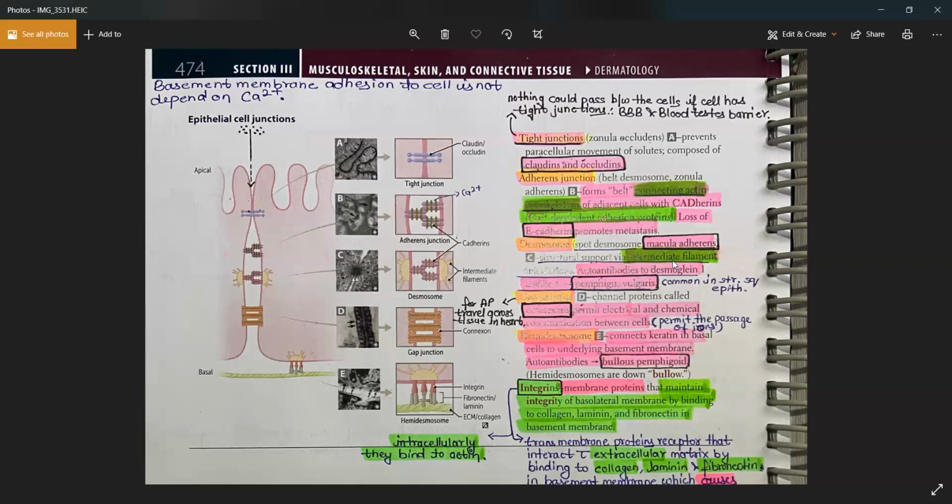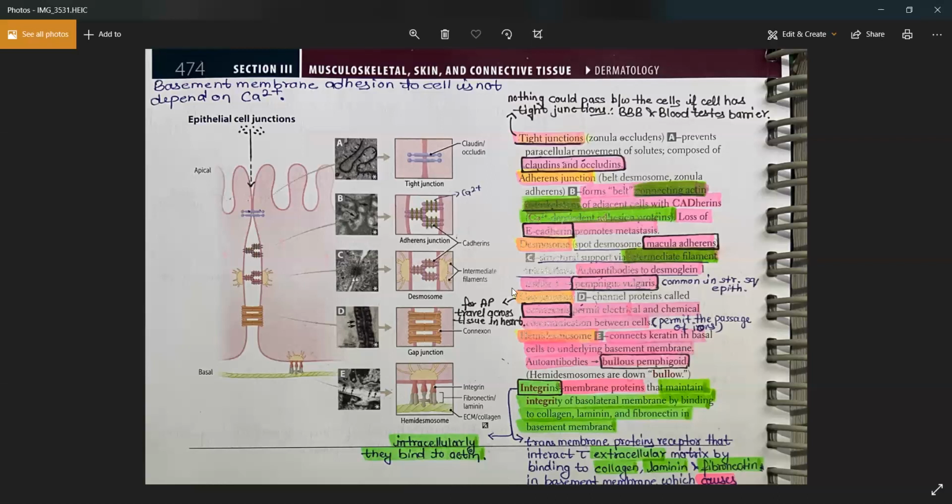Desmosomes are connecting the intermediate filaments of two cells together, and that's how they're keeping two cells joined to each other, right? And whenever you have antibodies against these desmogleins or the desmosomes, you can get pemphigus vulgaris because of that. Antibody against the desmosomes can lead to pemphigus vulgaris.